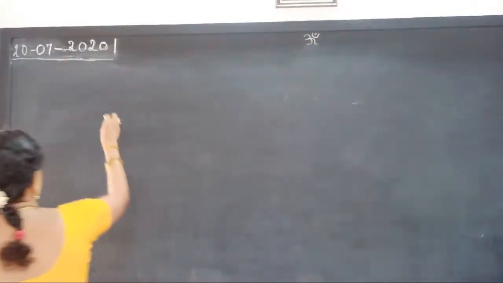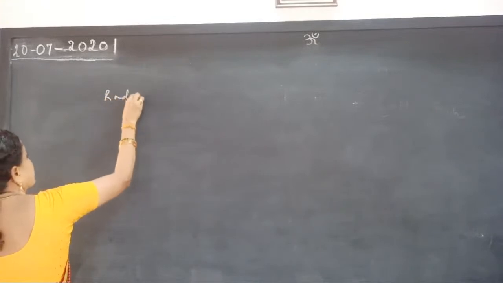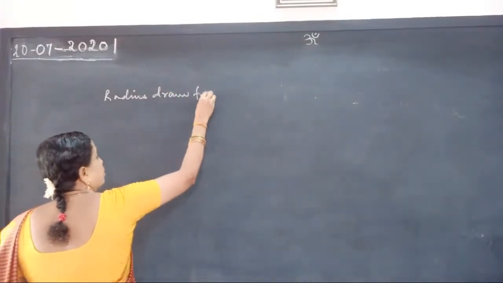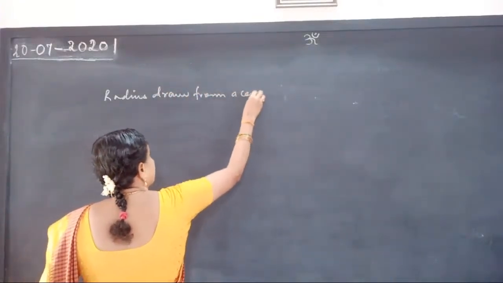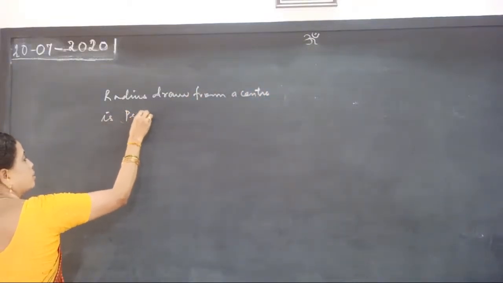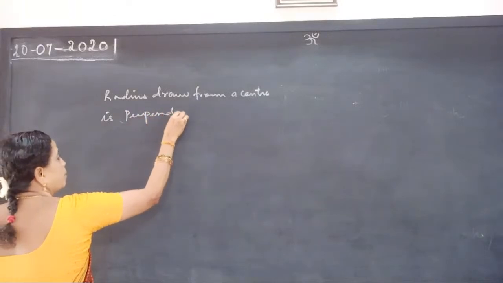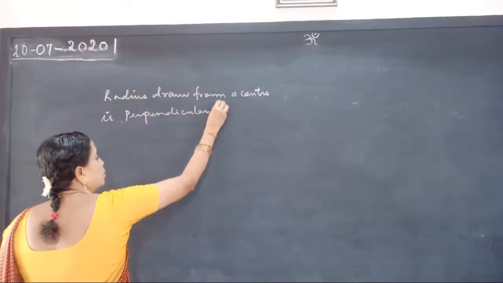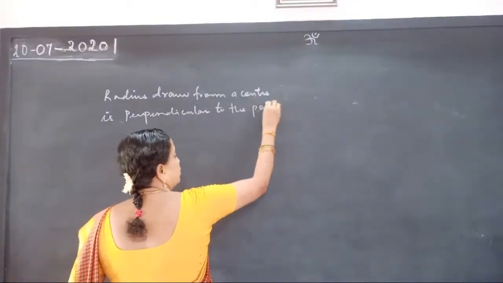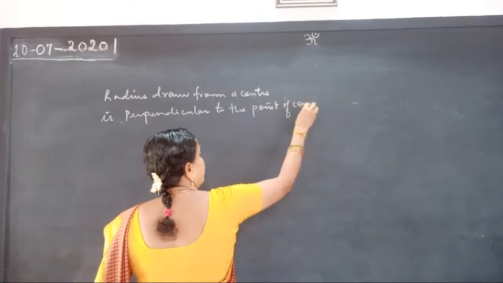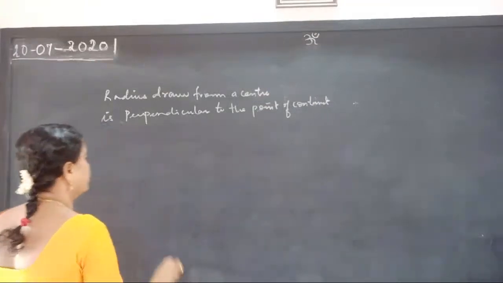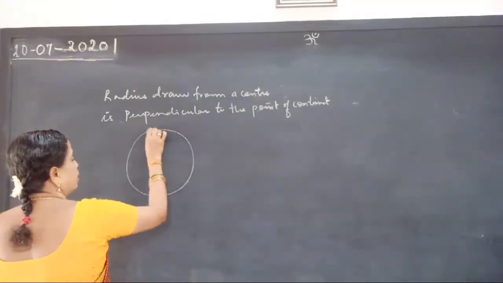The radius drawn from a center is perpendicular to the point of contact. So many times we use this property. Based on this theorem 10.1, take the figure.